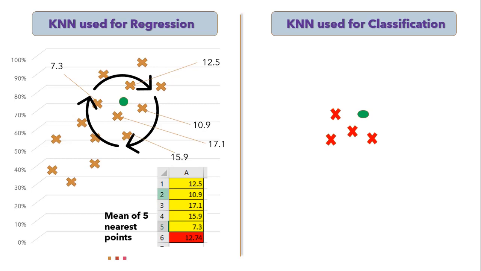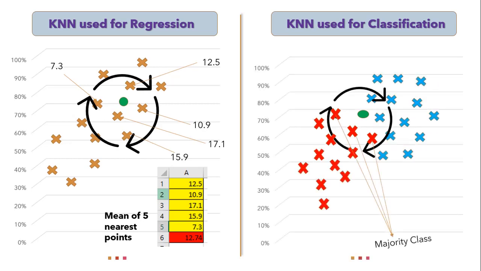And guys, when KNN is used for a classification problem, then the output can be calculated as the class with the highest frequency from the k most similar instances. Each instance in essence votes for its class, and the class with the most votes is taken as the prediction.